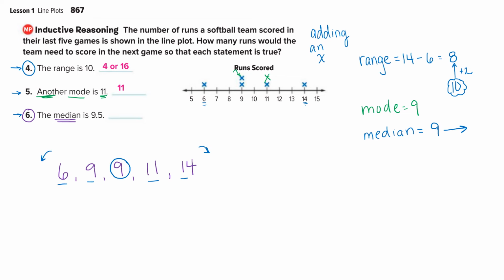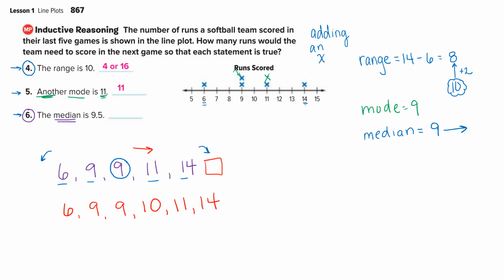This is tricky because you have to really think. 6, 9, 9. I want to increase it, so I'm going to have to put it to the right, but I can't put it over here. Where am I going to put it? I'm actually going to put it right here as a 10, 11, and 14.